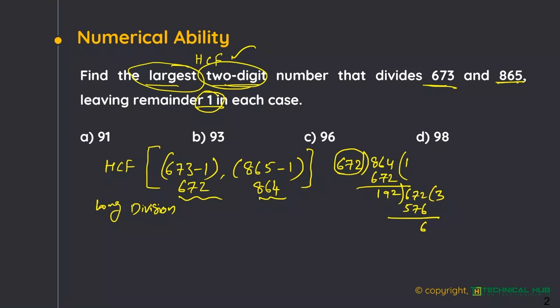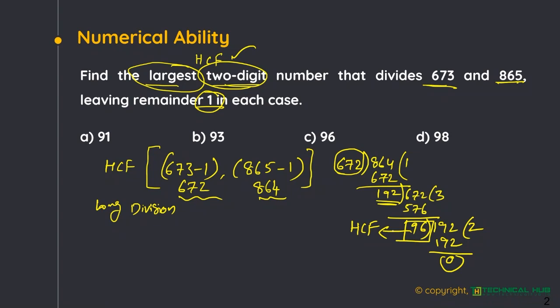Now again divide the previous divisor 192 with this remainder. 192 and 96. 96 twos are how much? 192. Here the remainder is 0. Therefore, your required largest two-digit number is 96. The largest two-digit number is nothing but the HCF of these two numbers, 672 and 864, which is 96.